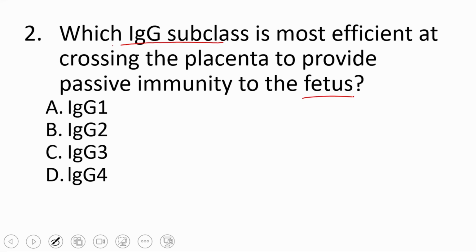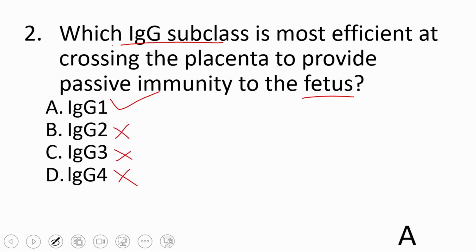Why only immunoglobulin G? Because it has a binding site. We have immunoglobulin G1, G2, G3, G4. Which one is best in crossing the placenta? That's the question. So G1 is the best to cross the placenta, but the others are not that effective in crossing the placenta. Let's see the answer.